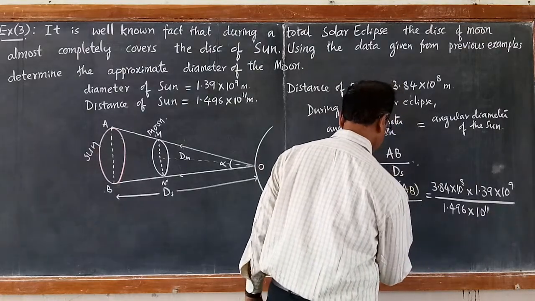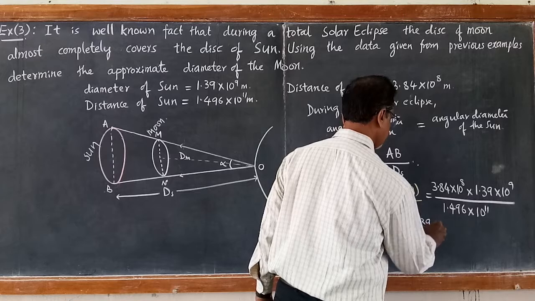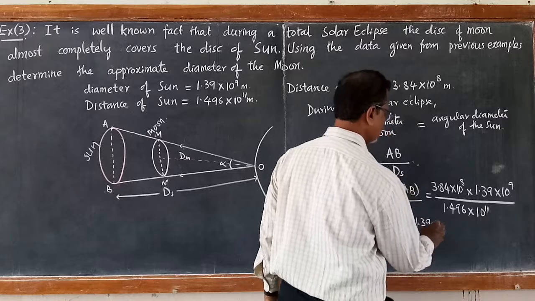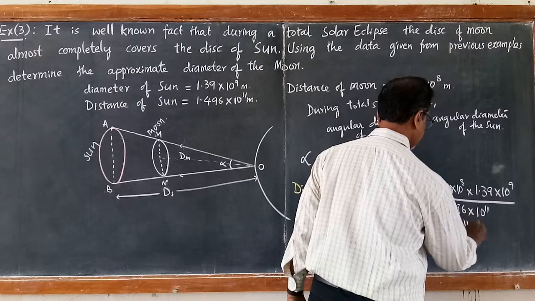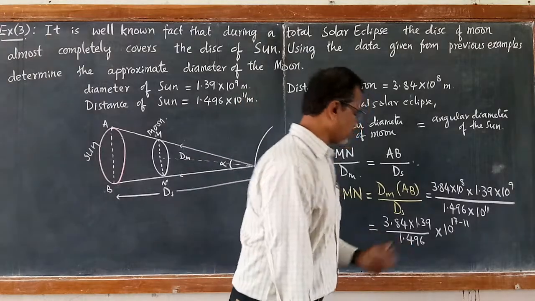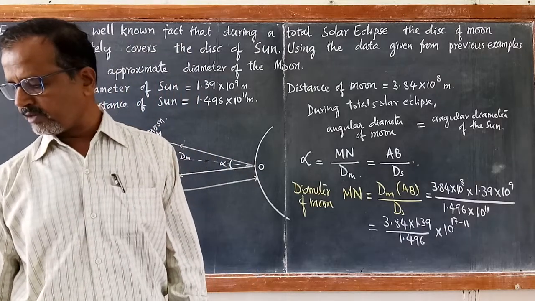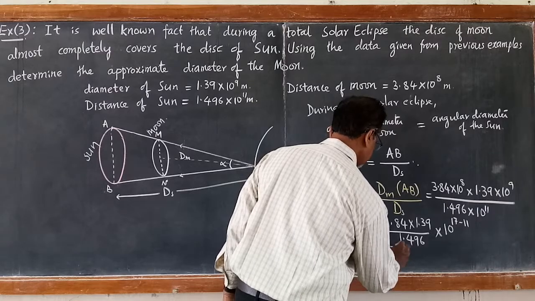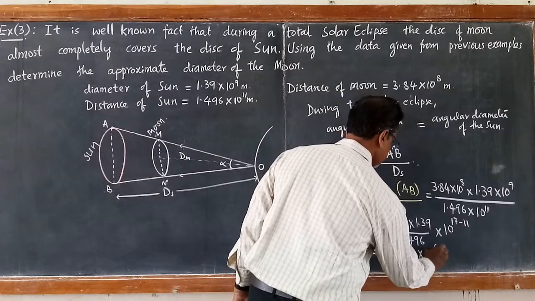So if you write this, 3.84 into 1.39 divided by 1.496. If you calculate this value, it comes out to be 3.5679 into 10 raised to 6 meter.